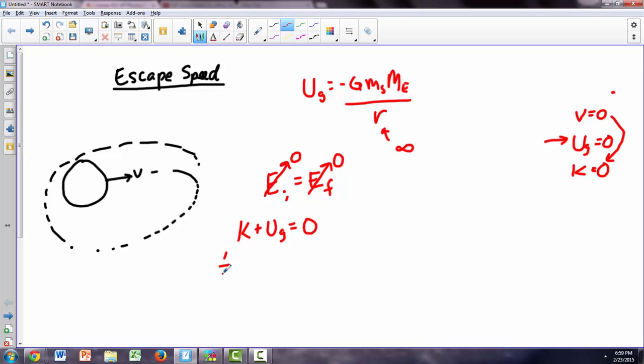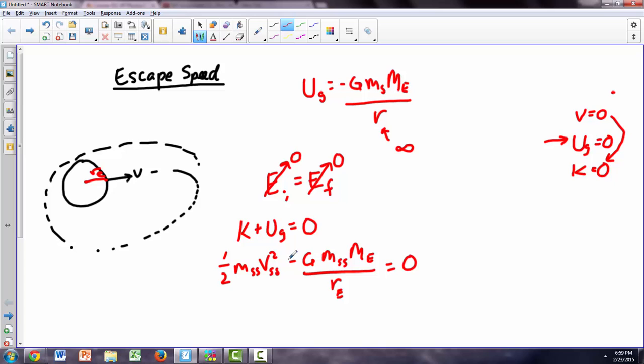That means 1/2 the mass of the spaceship times the speed of the spaceship squared, minus G times the mass of the spaceship times the mass of the Earth, over the center-to-center distance at the beginning. Since I'm blasting off from the surface of Earth, my initial center-to-center distance is just the radius of the Earth. And that equals zero. Okay?